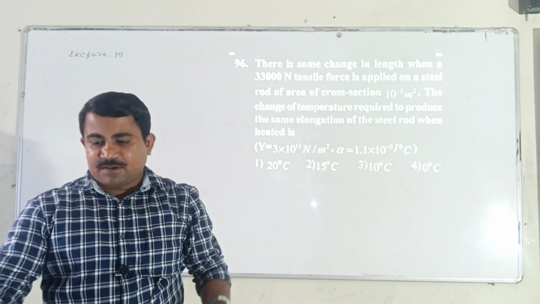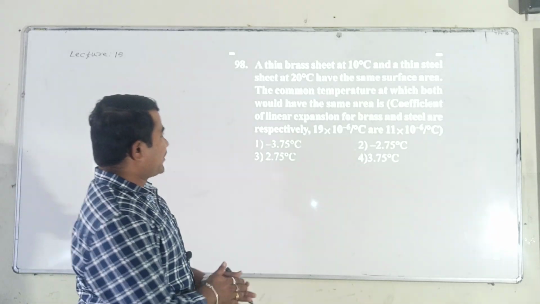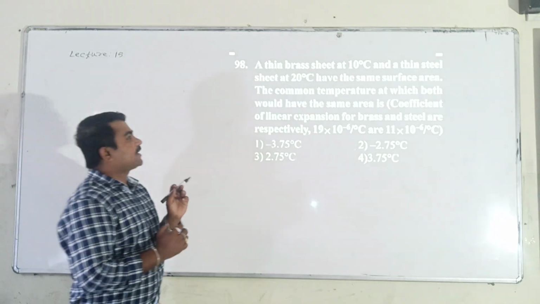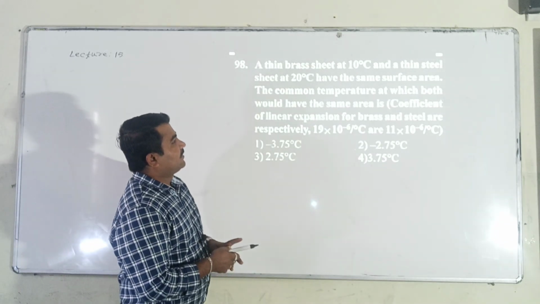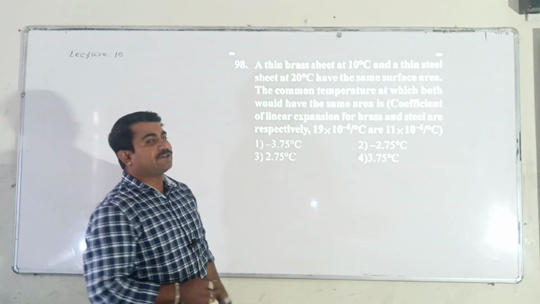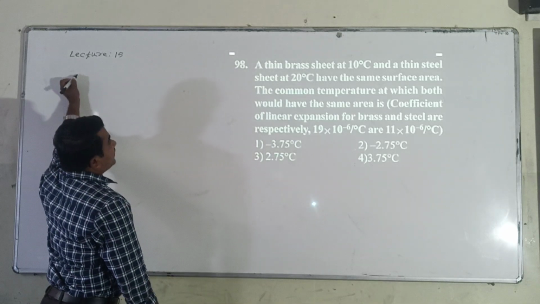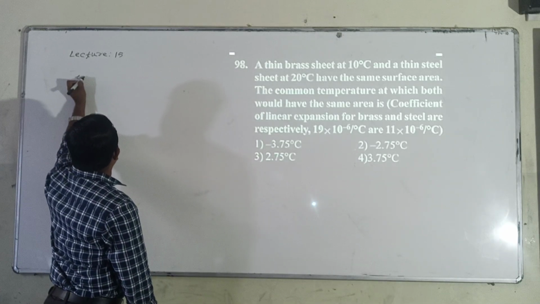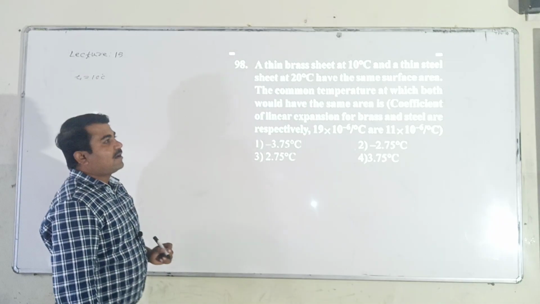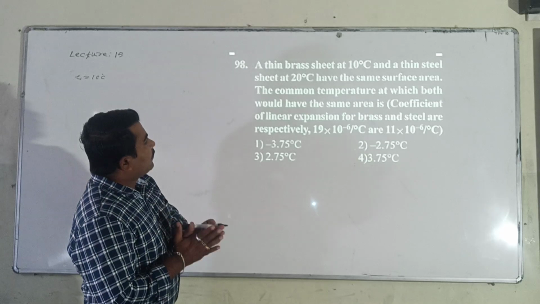Right. Shall I go for the next numerical? The numerical is: a thin brass sheet at 10 degrees Celsius and a thin steel sheet at 20 degrees Celsius. Two sheets are given. Shall I take one sheet? Steel is given, and its temperature is given. How much? 10 degrees Celsius. And one is brass.